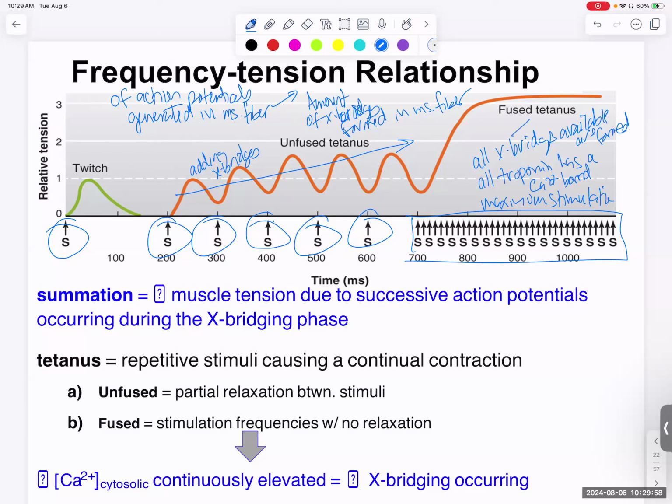That's your max. That's your max amount of force, and so that's called a fused tetanus. It just means you've maximally stimulated that motor neuron to the point where you have so much calcium, that concentration is really high in the sarcoplasm or cytosol, that you have maximal amounts of cross bridges formed, and that's going to equal max force. So we call that peak force.